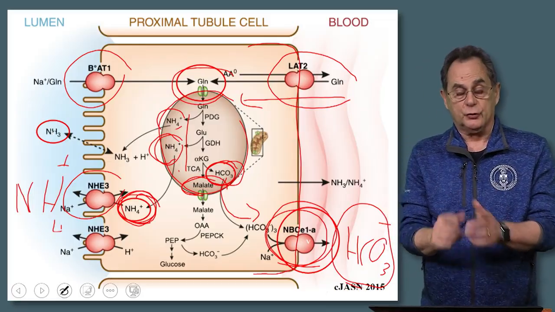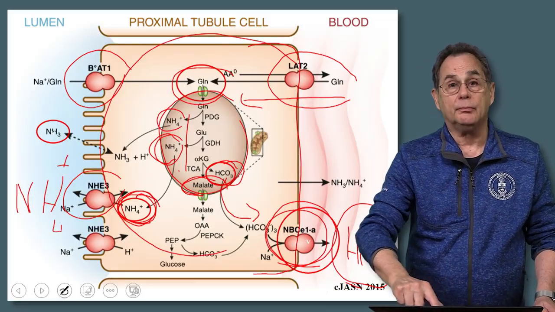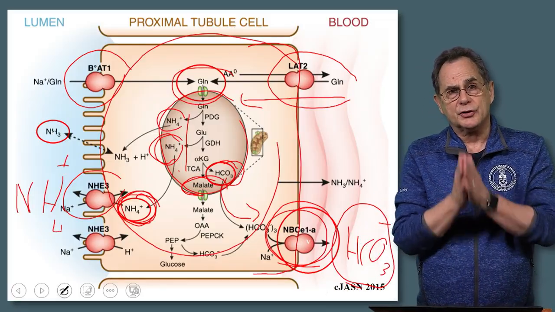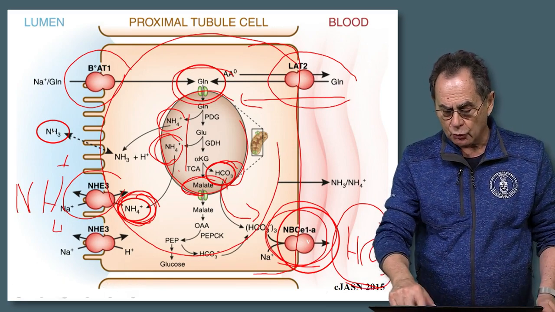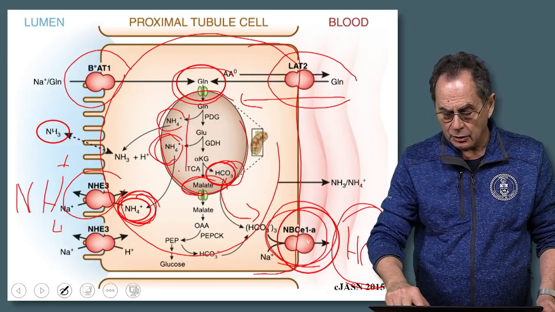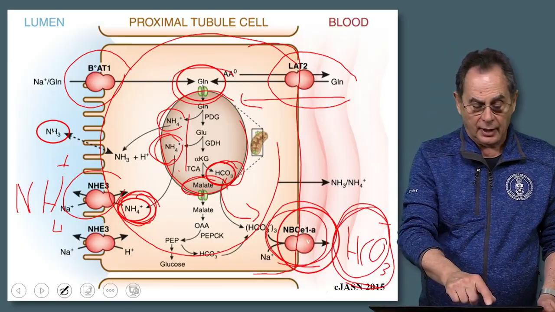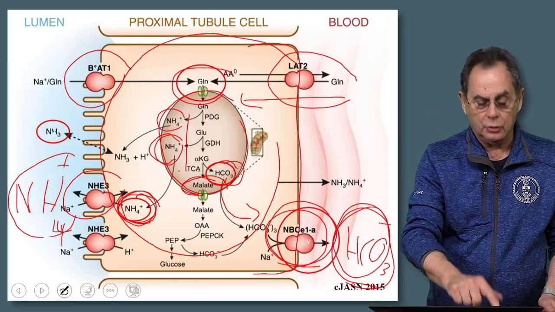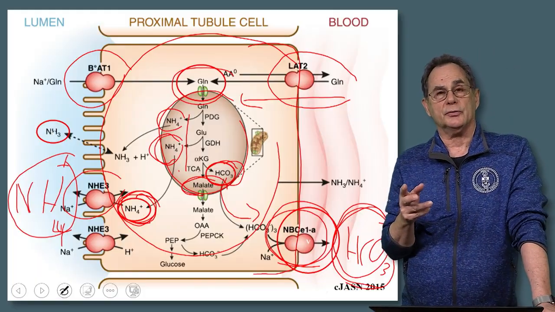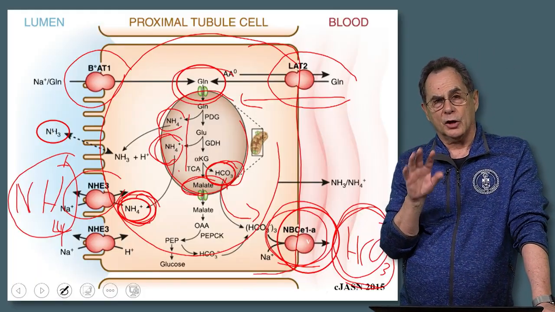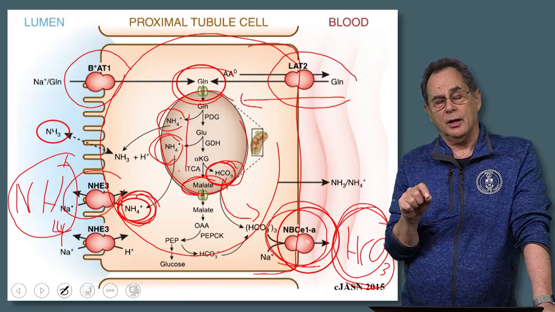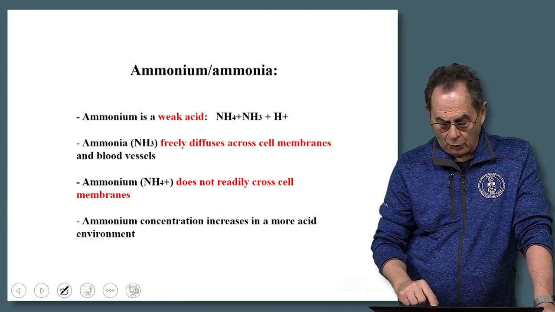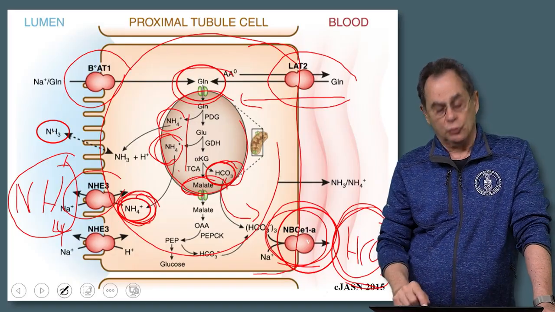So, if you think about starting in the middle, the consequence of glutamine metabolism and ammoniogenesis is to restore bicarbonate to the blood compartment and ammonium to the luminal compartment. The proximal tubule therefore regenerates bicarbonate, but also moves ammonium into the lumen.